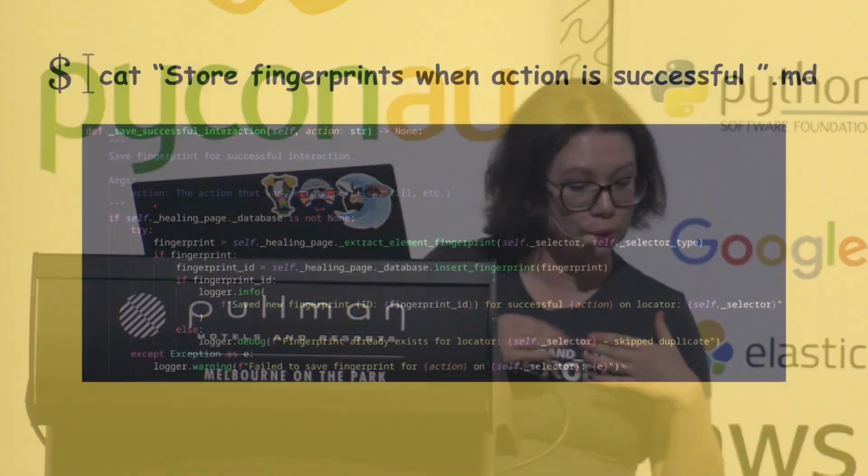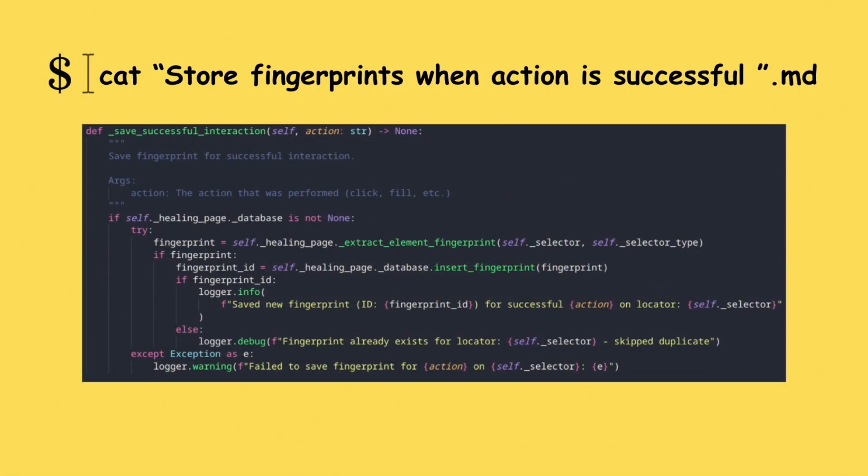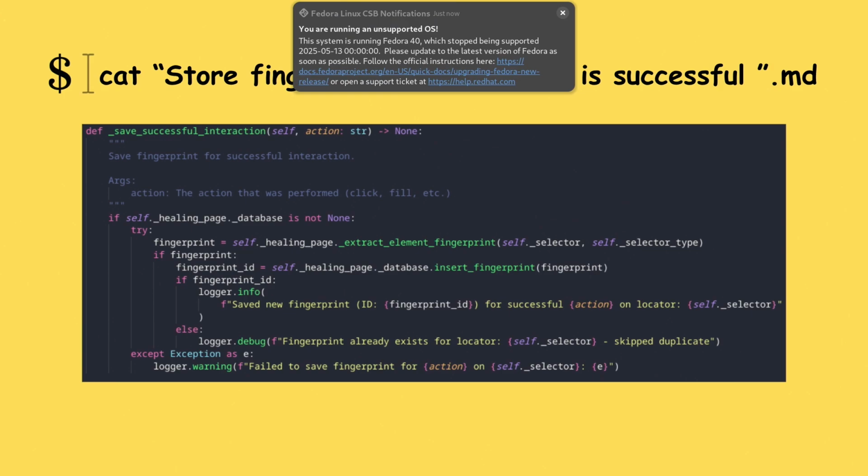And when an action is successful, the action method will call the method to insert the fingerprint and save the successful interaction in a database. And store all these fingerprints in the database.